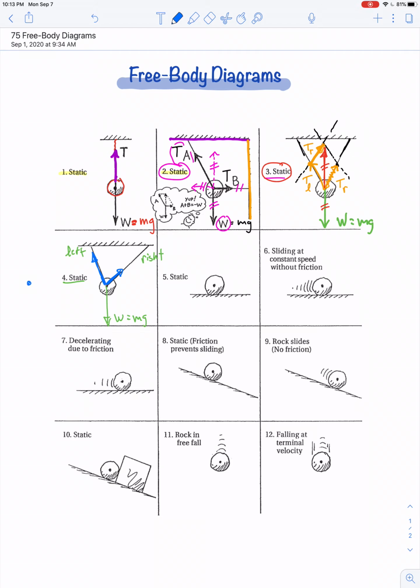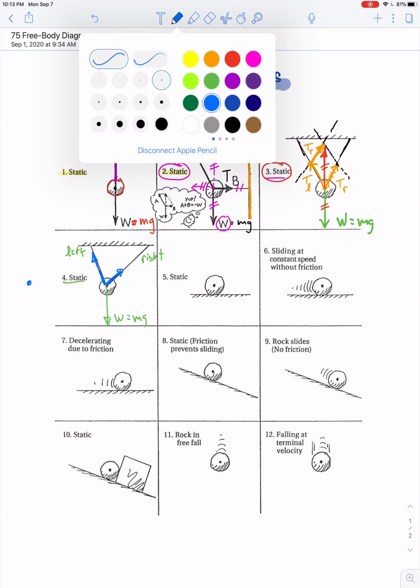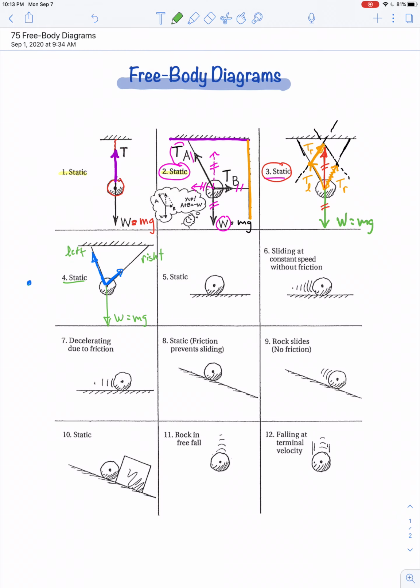If you imagine making a resolved free body diagram, the weight vector doesn't need to be resolved into components. It already lies along the y-axis. Then we have a component due to the tension in the right segment that points to the right, but it also has a component that points up.